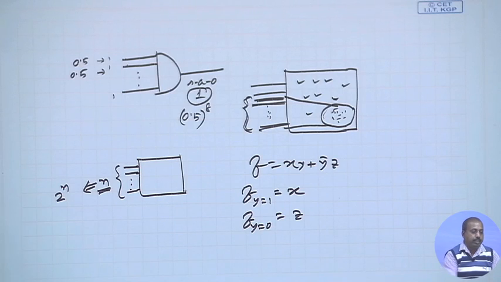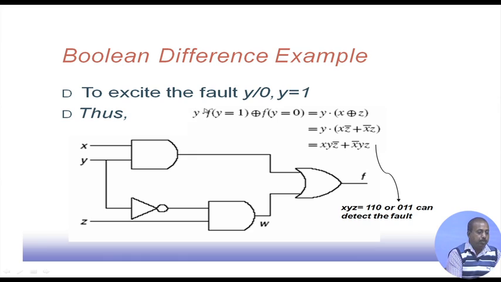You see in this expression that the y part is for putting the y line to 1, and the remaining part, the XOR of these two, is for the propagation. So, it is y and x XOR z. If you expand it, ultimately we get x y z bar and x bar y z. These are the two different test vectors that can be applied to check whether that particular fault has occurred or not.